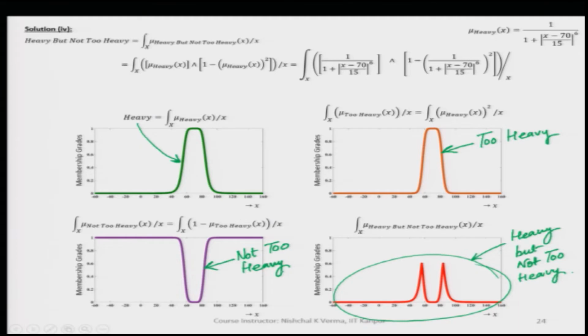So, this way we have found the new composite fuzzy set, which is the outcome of heavy but not too heavy.